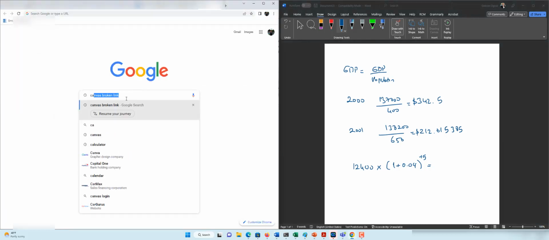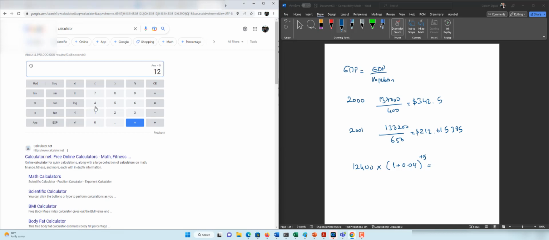Just search calculator here. So you're typing 12,400 times, open parentheses, 1 plus 0.04 is 1.04. Close the parentheses, and then 15 years. That's how you calculate, which in this case is going to be 22,331.6994683.